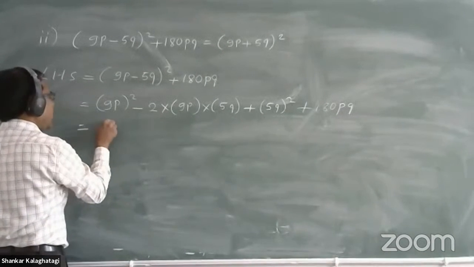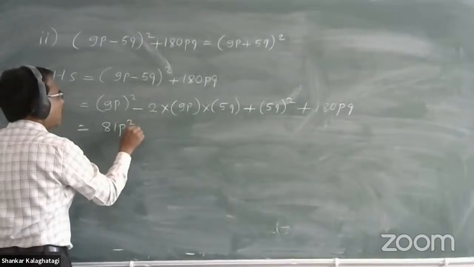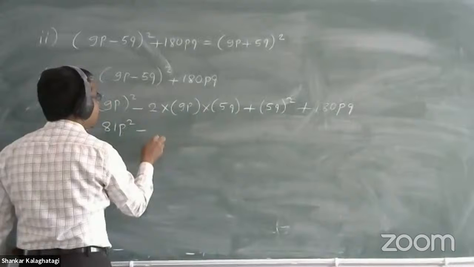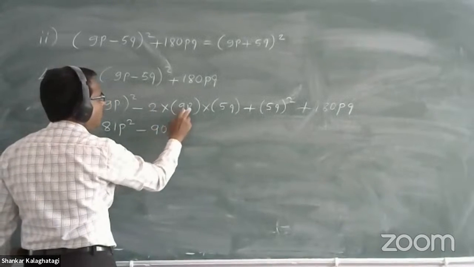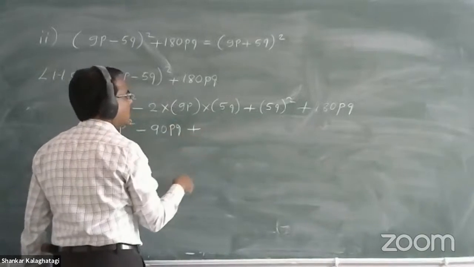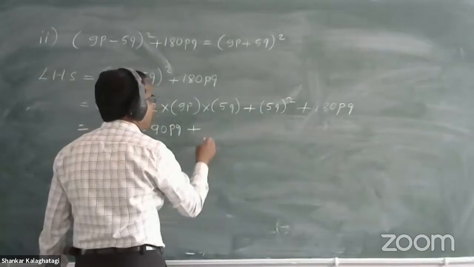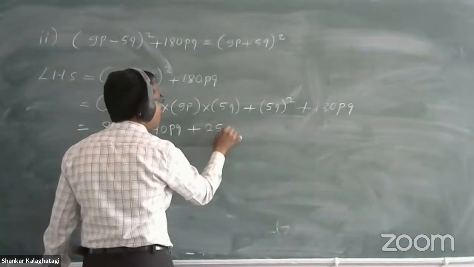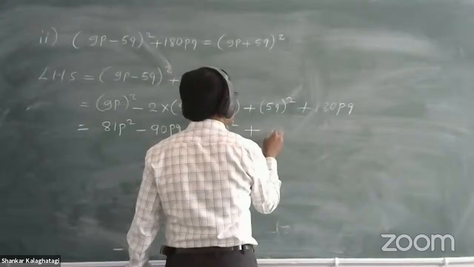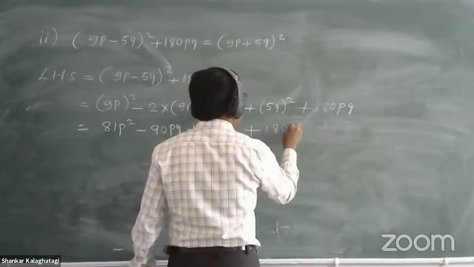9 9s are 81p² minus 9 5s are 45, 45 2s are 90pq, plus (5q)², 5 5s are 25. Sir, LHS equals 81p² minus 90pq plus 25q².